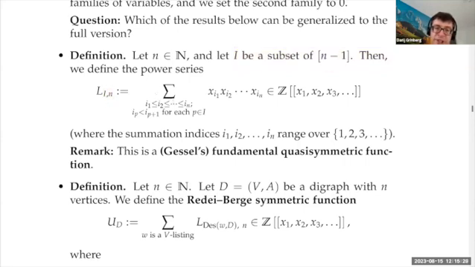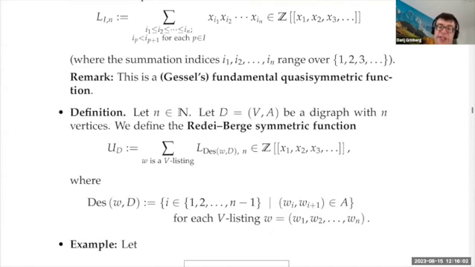Then L_{I,n} is the sum of all monomials of the form x_{i1} x_{i2} ... x_{in}, where the i's are weakly increasing positive integers, and furthermore, every time the subscript is in the subset I, it's not a weak increase, it's a strict increase. So basically, any chain of less-or-equal and less-than signs under the summation sign can be implemented with an appropriate n and appropriate I.